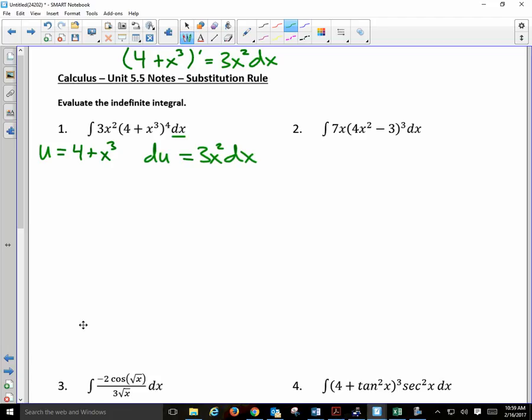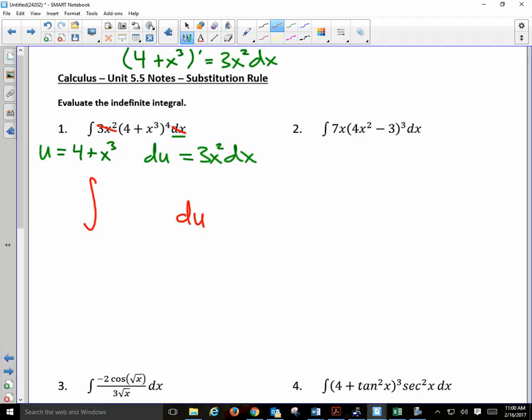And the replacement means instead of working with a variable of x, I will work with a variable of u. So notice that if I write this integral, and instead of putting a dx at the end, I put a du, that means I've gotten rid of 3x squared, and I've gotten rid of dx.